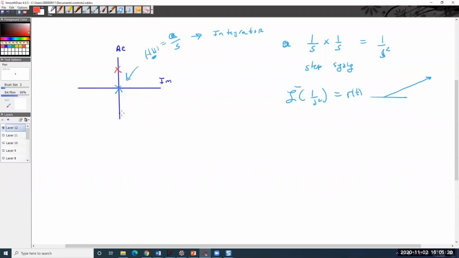If I have one complex pole, I've got to have another. There's no way around it because you have the square root. So in that case, we could have this, right?